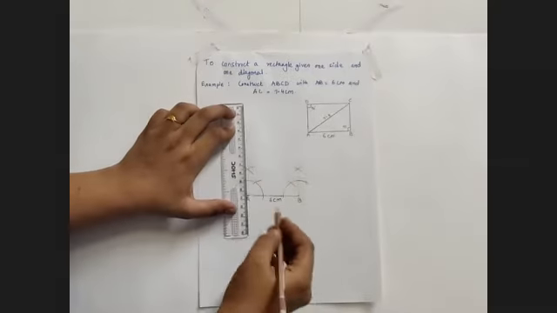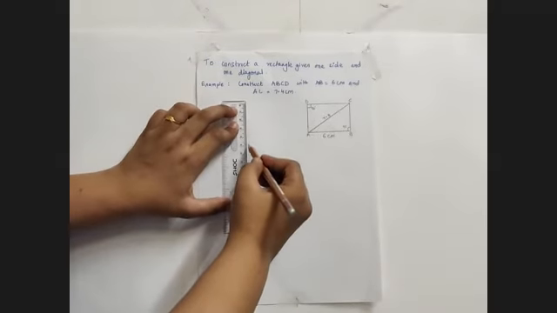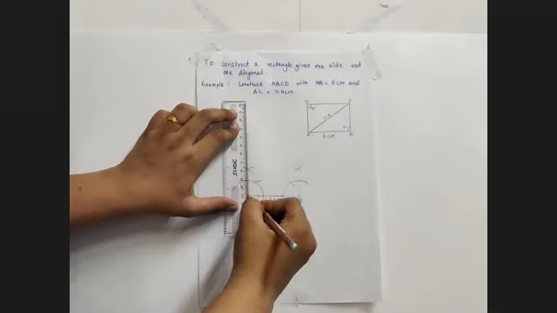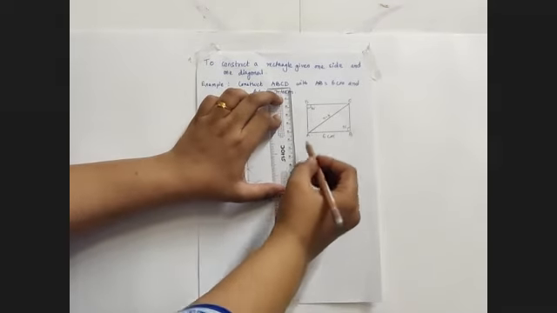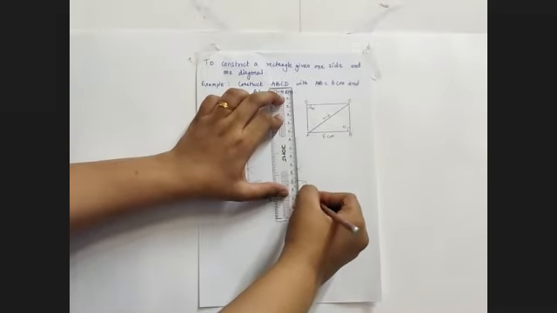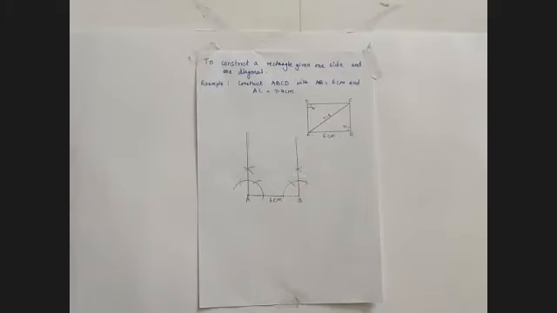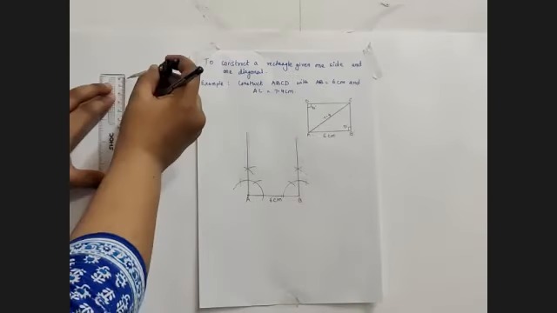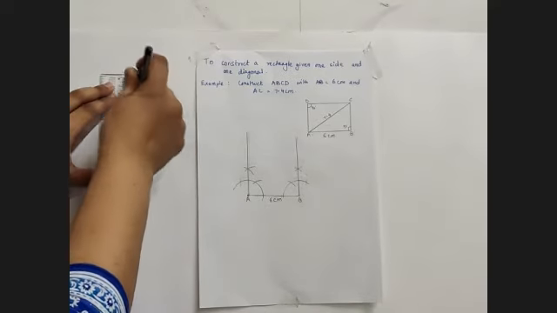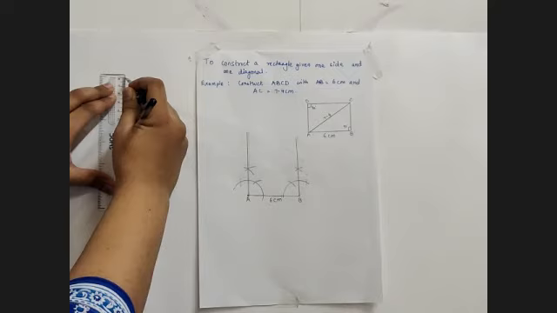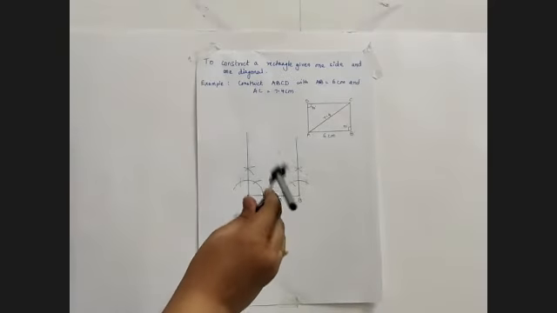Now let us draw joint. Now the diagonal 7.4. We will measure 7.4. With A as center.